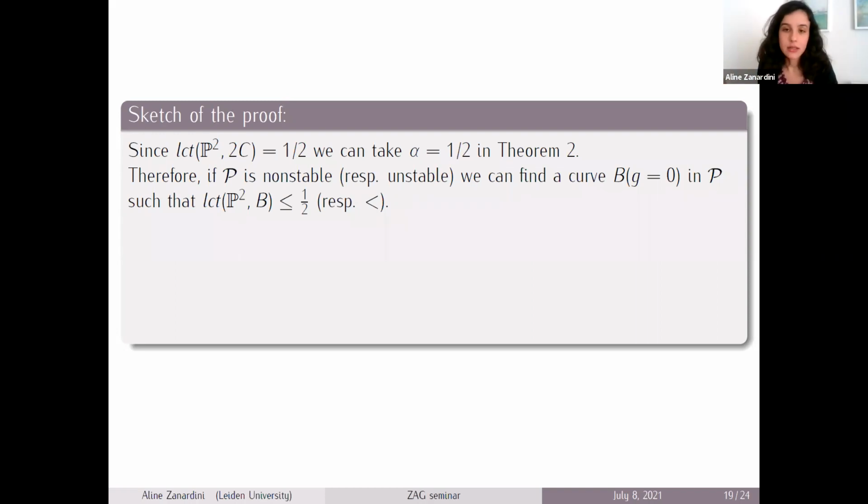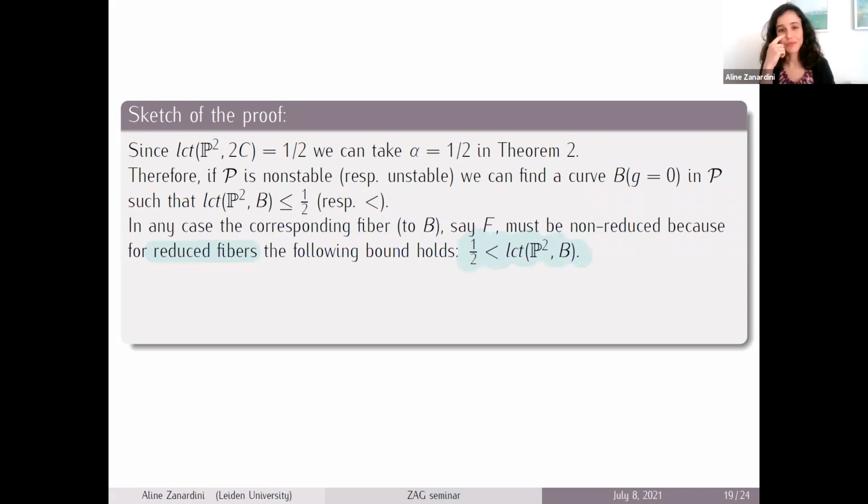Now, the claim is that the fiber that corresponds to this curve B has to be non-reduced. And the reason for that is that you show that the opposite inequality holds for a reduced fiber. So if the fiber F that corresponds to this curve B is reduced, then the opposite holds.